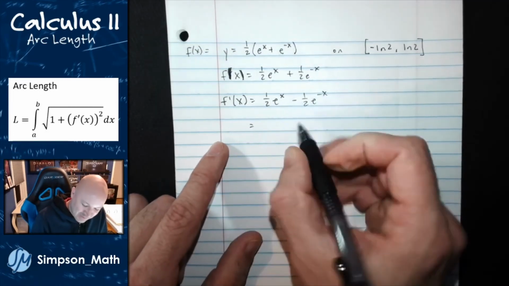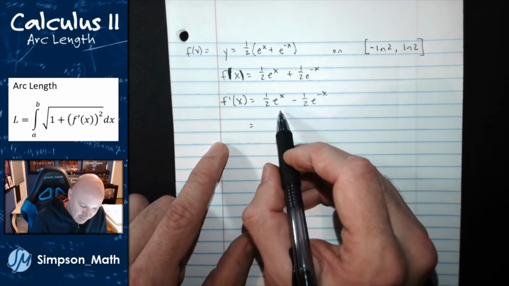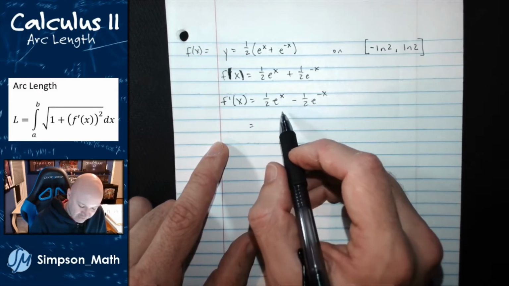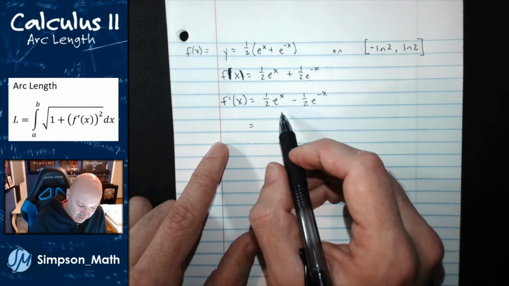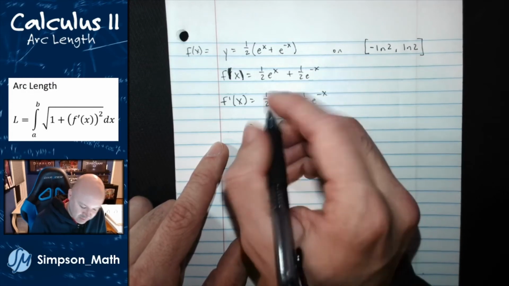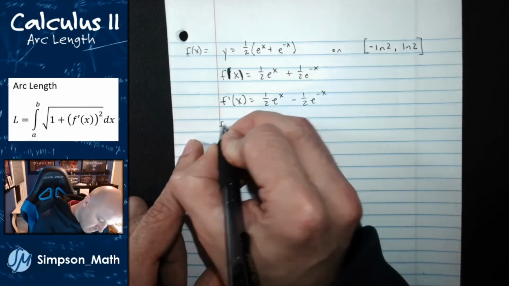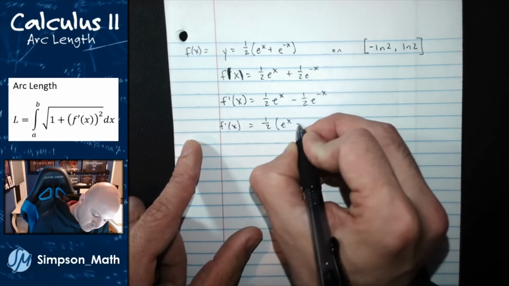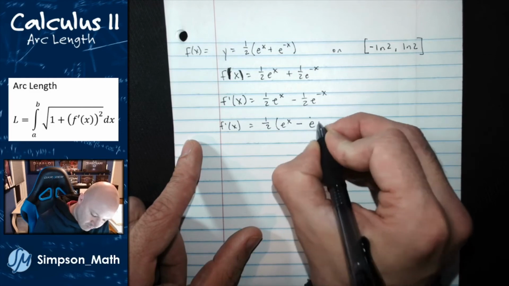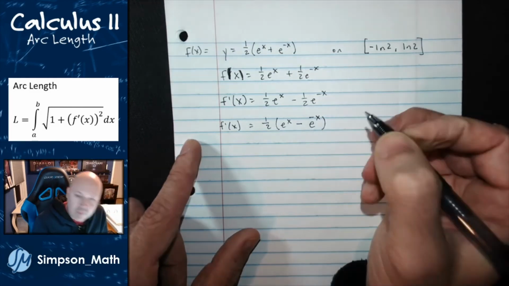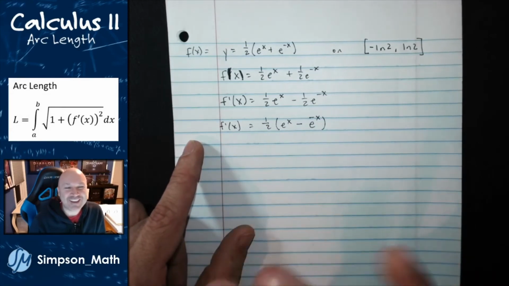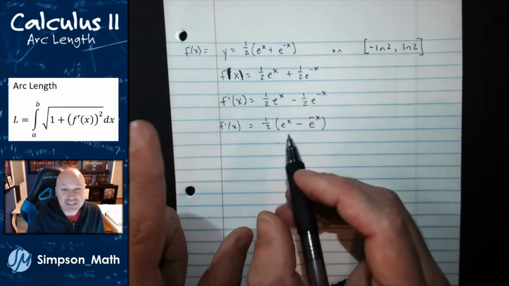Okay, so I'm going to pull out a 1/2, or do I want to? Yeah, I want to pull that 1/2. Okay, so you get the derivative, however you do it. Then you need that squared.